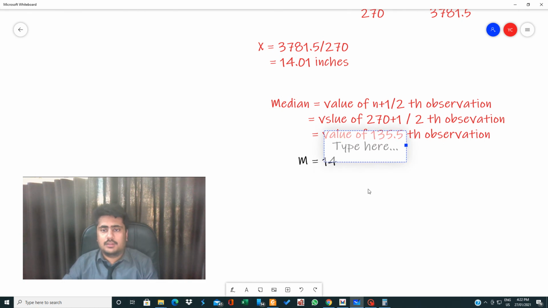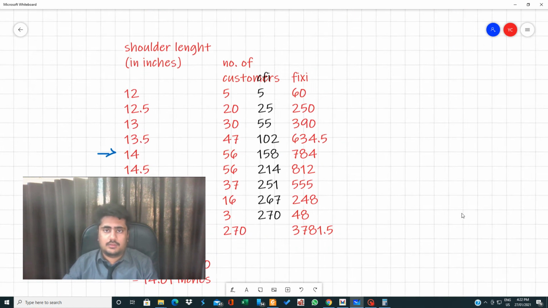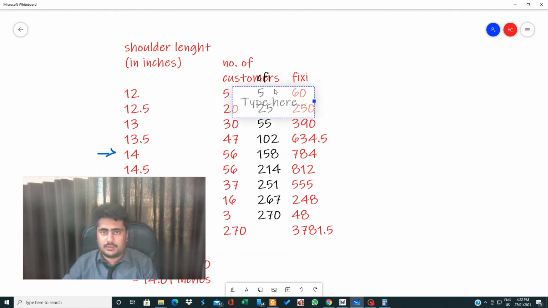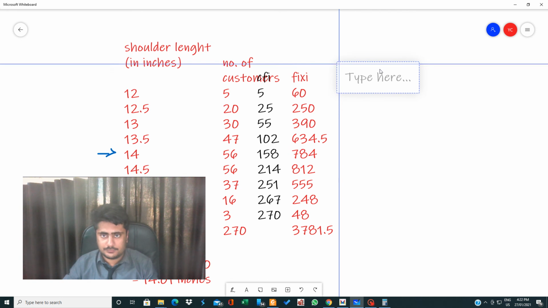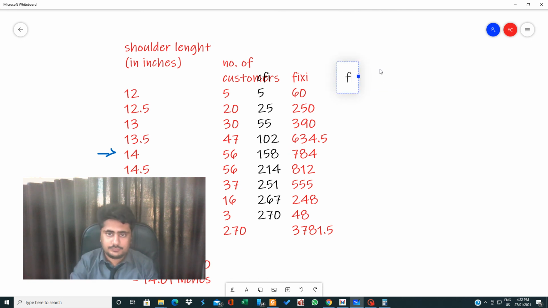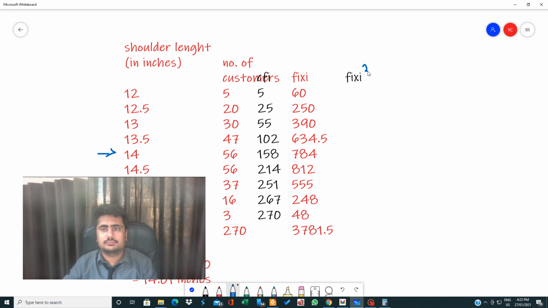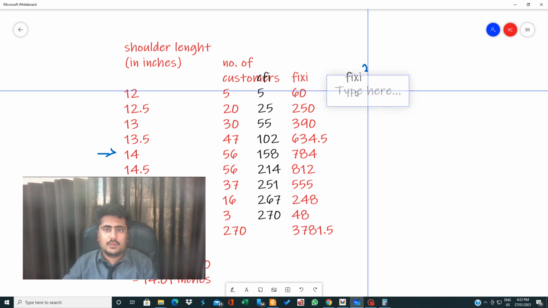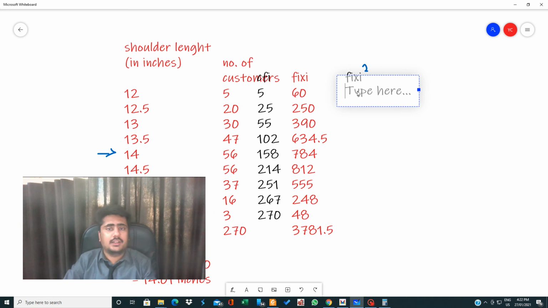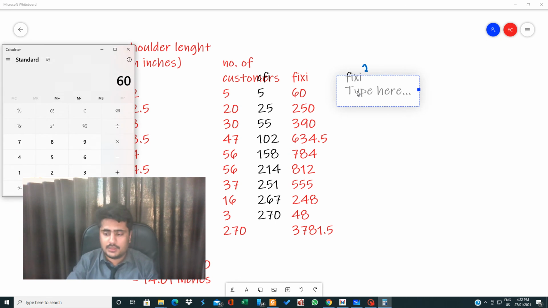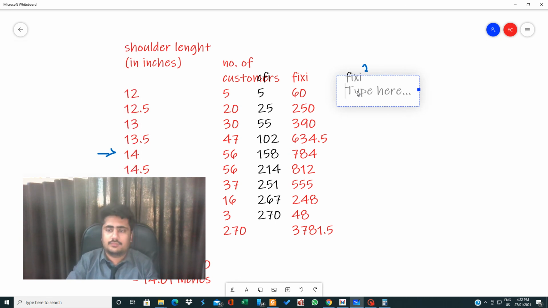Now let us find the fxi square. What is fxi square? It's fi xi into xi. So this is 60 into 12, 720.